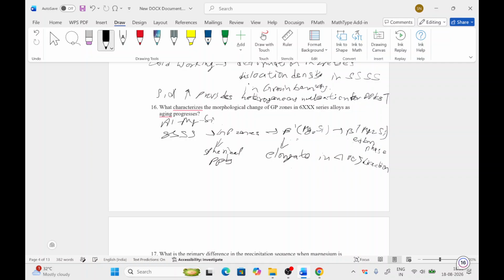After further growth, the beta form is needle shaped. So its morphology changes from spherical precipitates to elongated and needle shaped precipitates of Mg2Si.